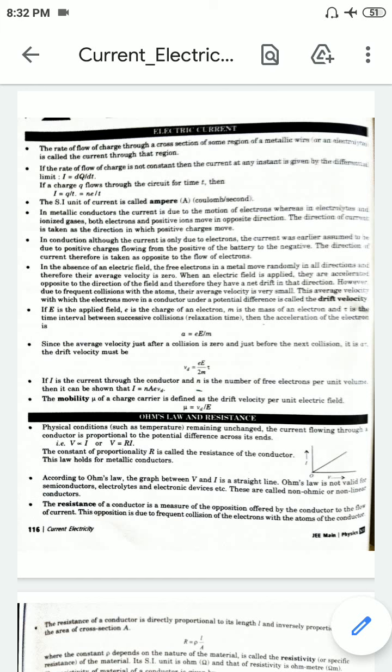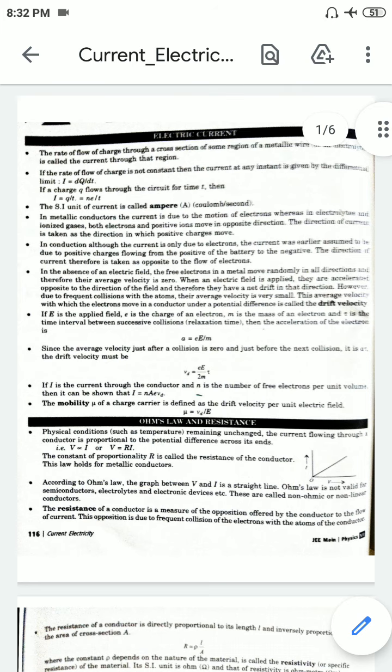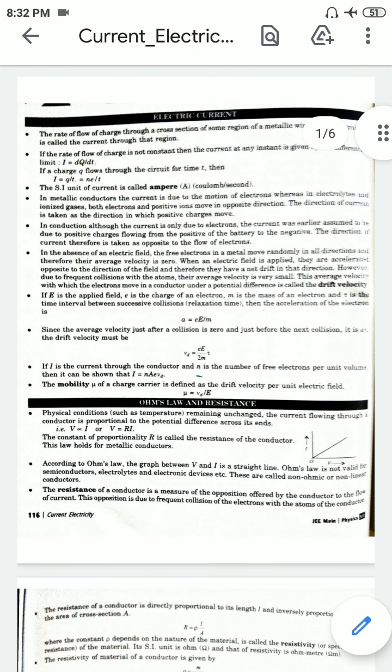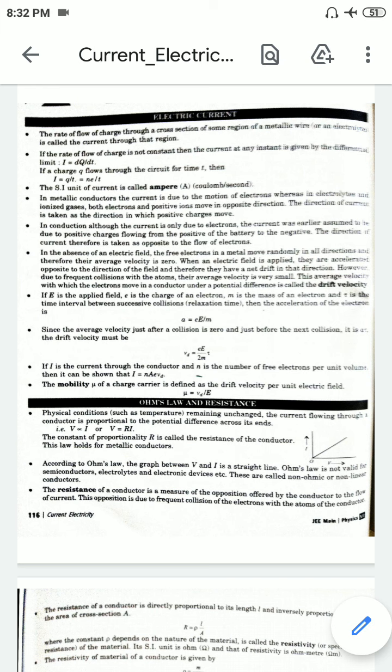It holds good for metallic conductors, the ohmic devices. According to Ohm's law, the graph between V and I is a straight line. Ohm's law is not valid for semiconductors, electrolytes, electronic devices, etc. These are known as non-ohmic and non-linear conductors.